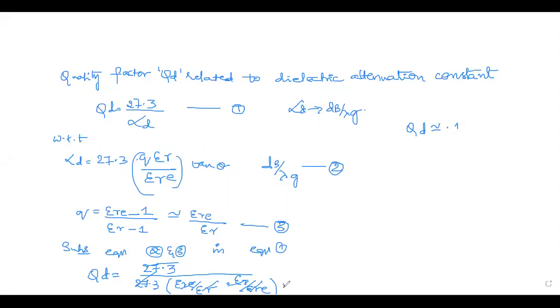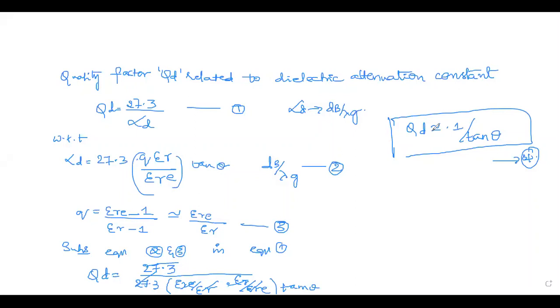So it is in the denominator, 1 divided by tan theta. So this is the expression of quality factor for the dielectric attenuation constant.